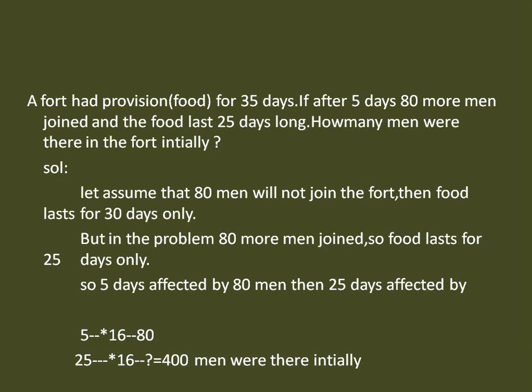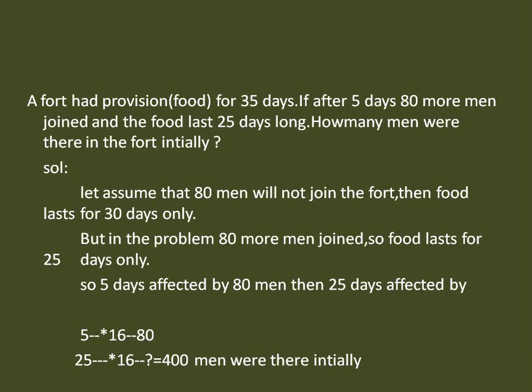But some information they have given. What is that information? A fort had provision. Provision means food. A fort had provision for 35 days. What does that mean? In that fort, for some number of people, food for 35 days is there.